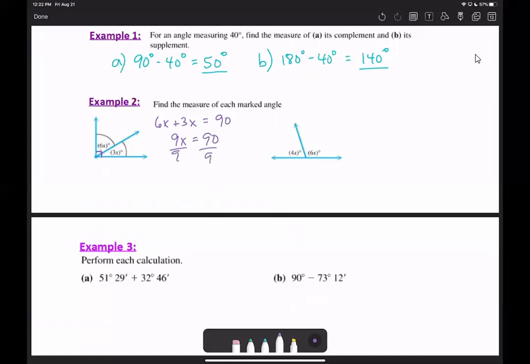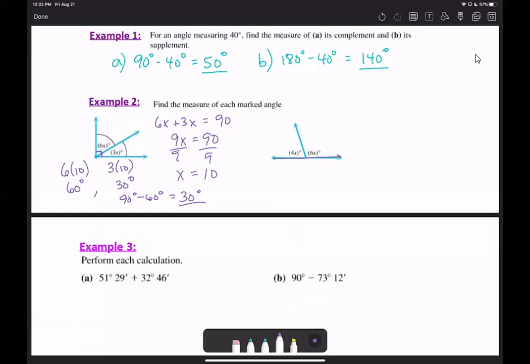Here we end up with x equal to 10. Keep in mind, x is not the answer that we need. X is the unknown, and we're going to substitute 10 into x to get the two angles. I could substitute again here and get 30, or I could have just said, what is 90 minus 60, and gotten 30 degrees that way.